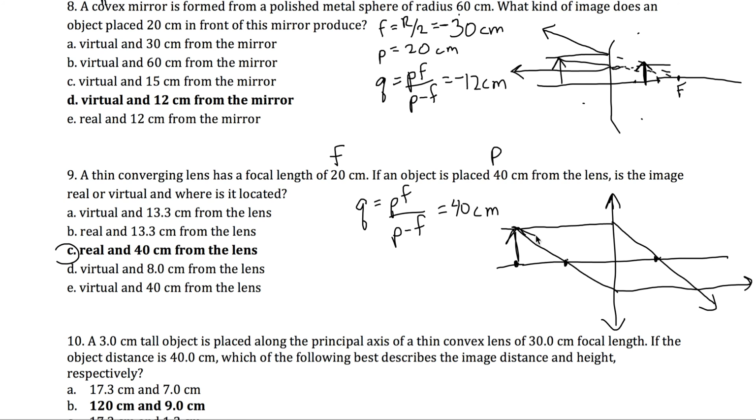You can do the one through the center since this one's not too messy. The one through the center also goes right through here. And you can see that the image produced is indeed real, and it does happen to be the same distance. So the quick sketch is good to know if the image is real or virtual, but if you need numbers, then it's better to use the equation.